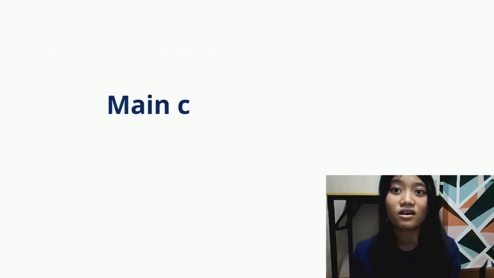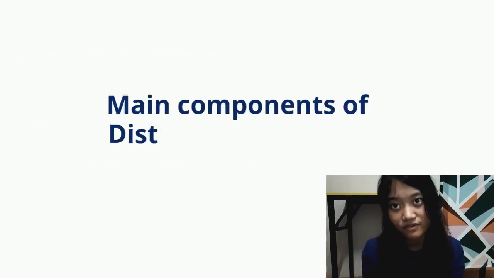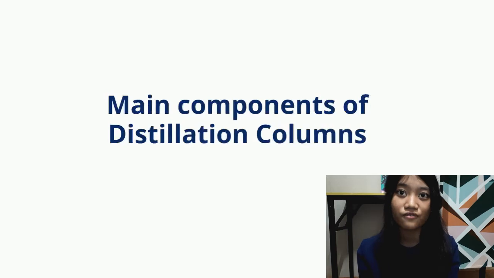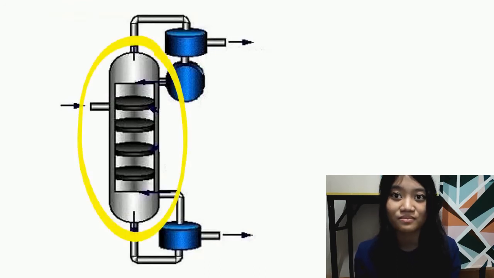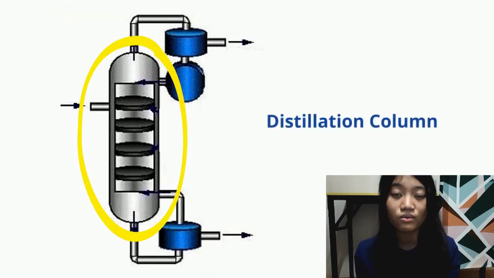Distillation columns are made up of several components, each of which is there either to transfer heat energy or enhance the material transfer. A typical distillation contains several major components. Firstly, we have the distillation column. It is a vertical shell where the separation of liquid components is carried out.